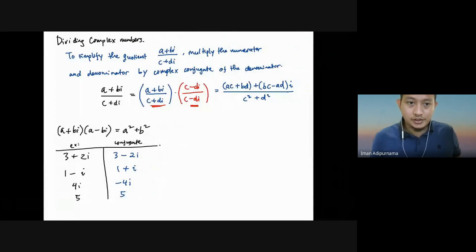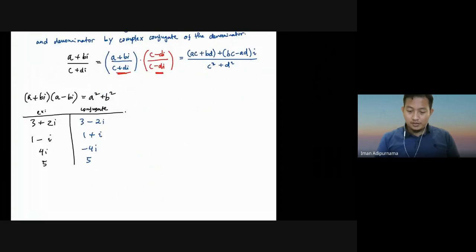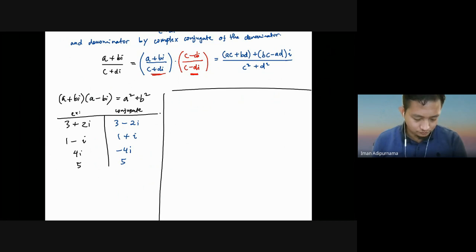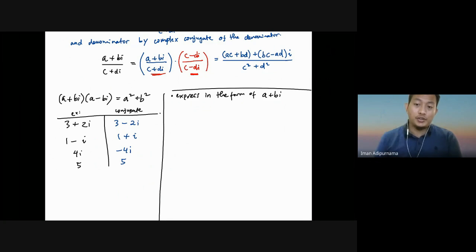Okay, any questions first? I think maybe we can try to give you some examples. The question is just to express in the form of a plus bi, meaning you need to remove the fractions.